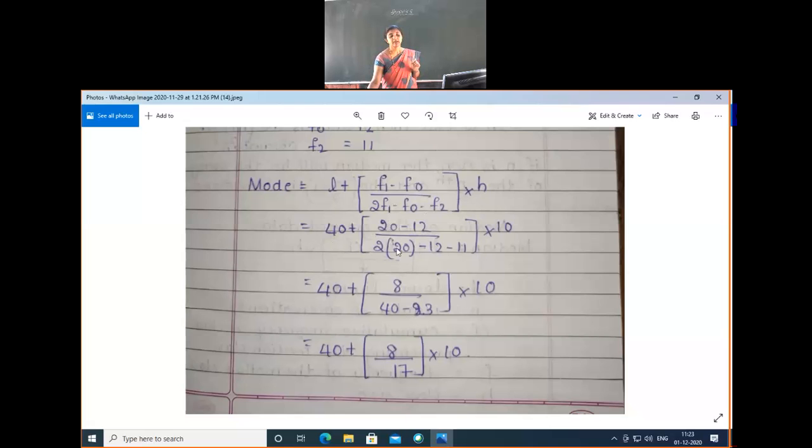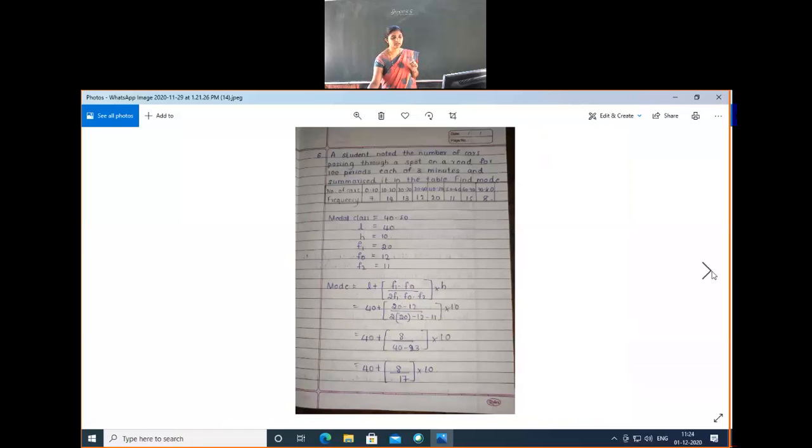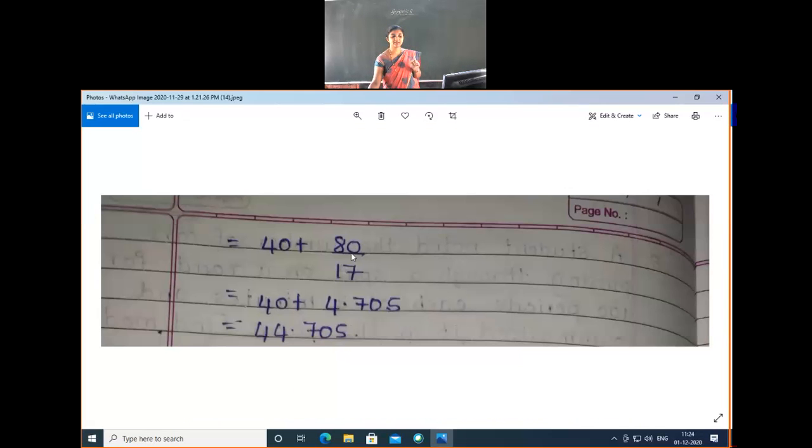H is 10. Then mode is equal to L plus F1 minus F0 divided by 2 F1 minus F0 minus F2, into H. Then L is 40 plus F1 is 20 minus 12 divided by 2 into 20 minus 12 minus 11, into H. Then 40 plus 20 minus 12 is 8.